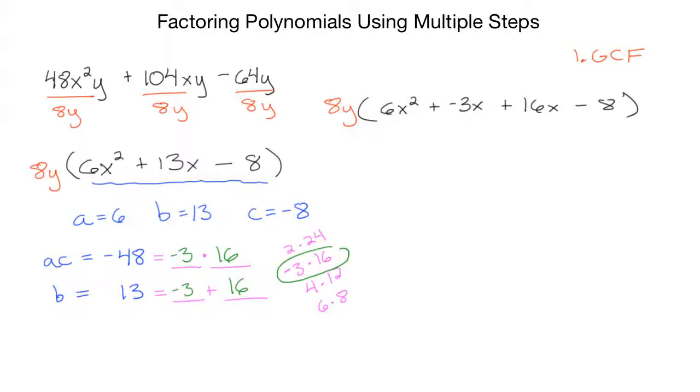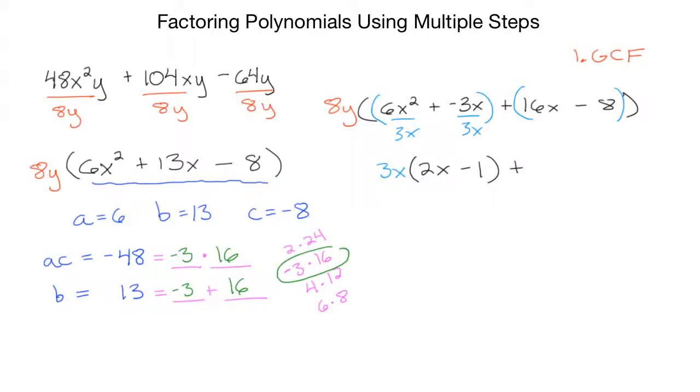Okay, now let's factor by grouping. Let's split this thing up. So I've got two groups, one group there, one group there, and let's factor out the greatest common factor from each group. From 6x squared and negative 3x, I can factor out a 3 and an x. So that gives me 3x times, what's left is 2x minus 1.